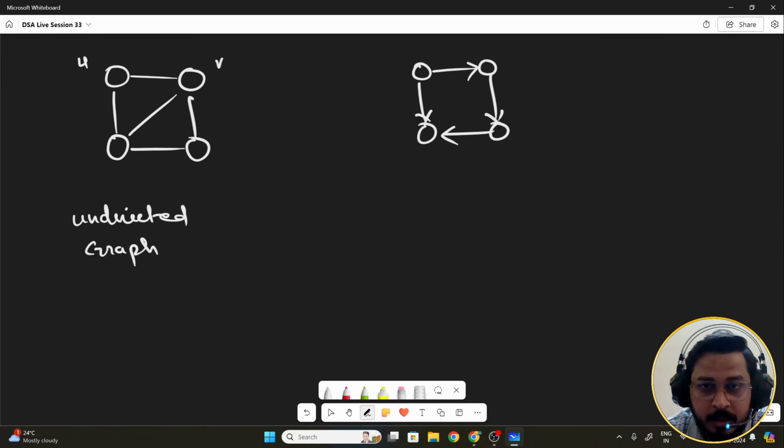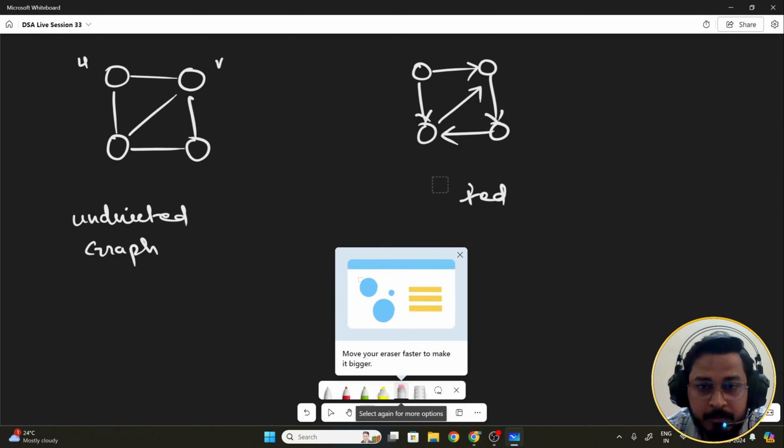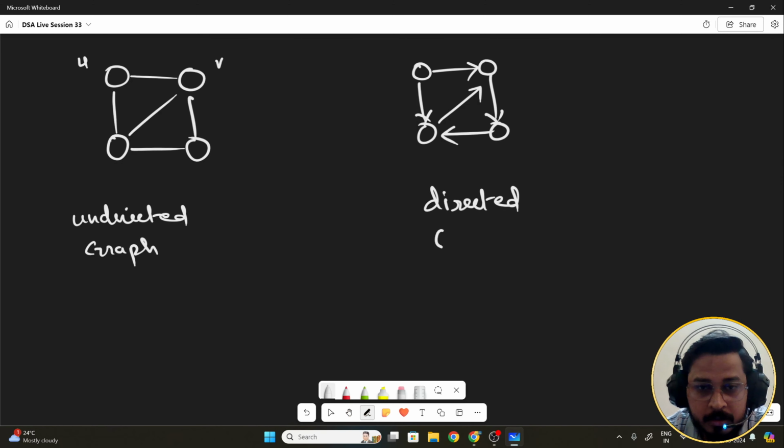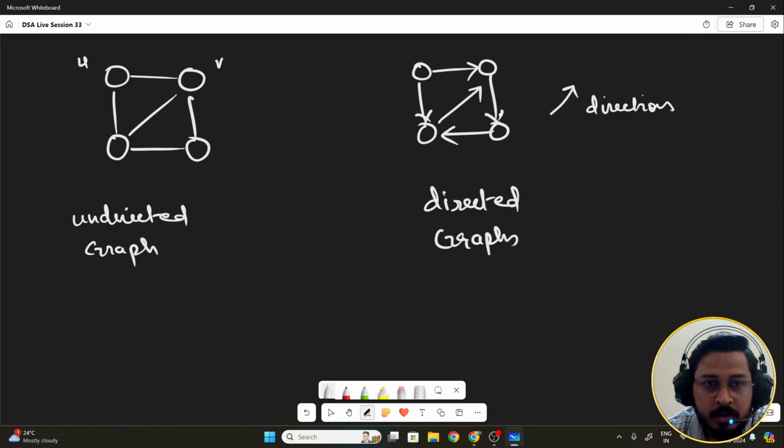Okay, this is called a directed graph. Let me just clear it off properly. Directed graphs, where now the directions are given. Here this is undirected because there are no directions given.